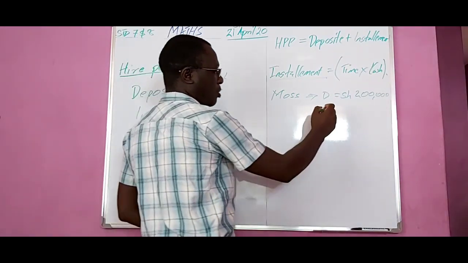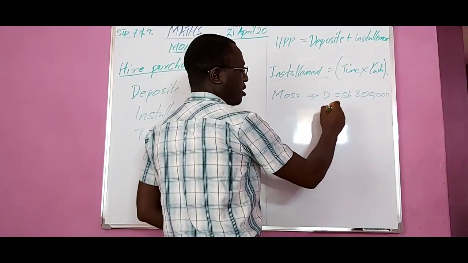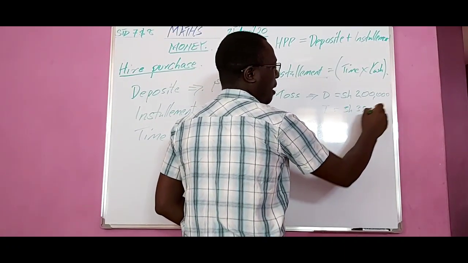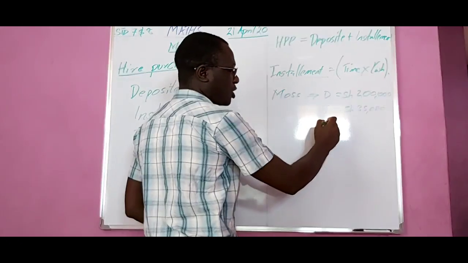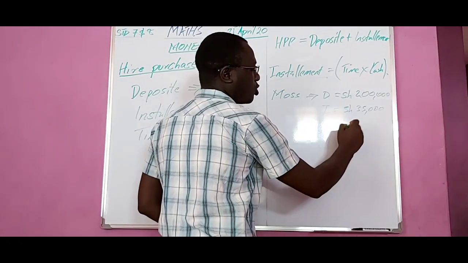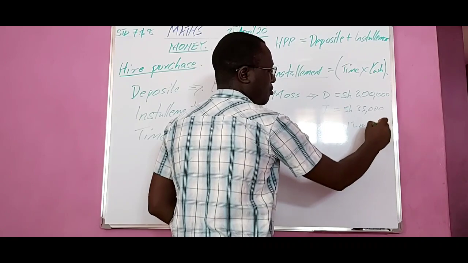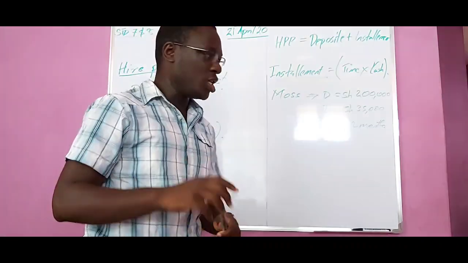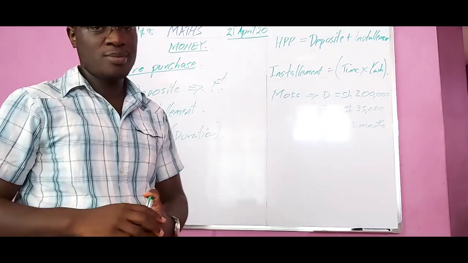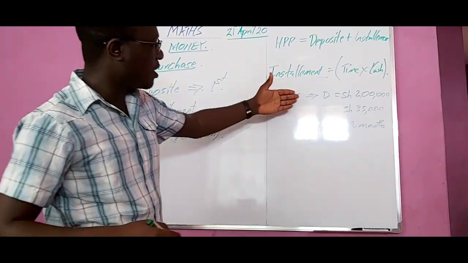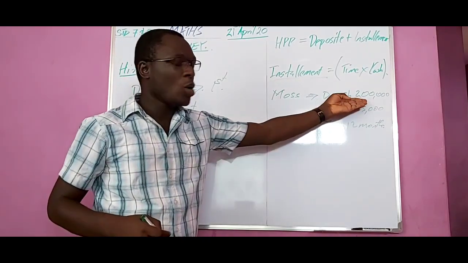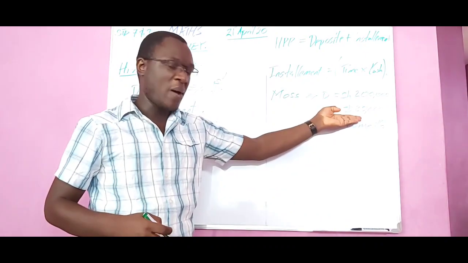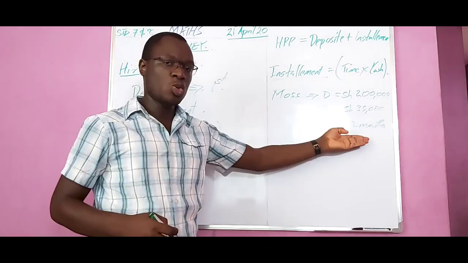He is also supposed to pay an installment fee of 35,000 per month, and is going to make these payments in 12 months. Now the question is, how much did the car cost Moses? Now class, what you have here is the deposit 200,000, installment 35,000 per month, and the time is 12 months.